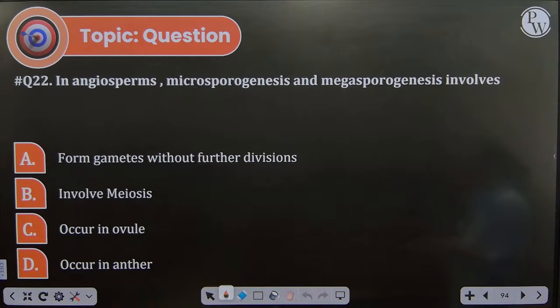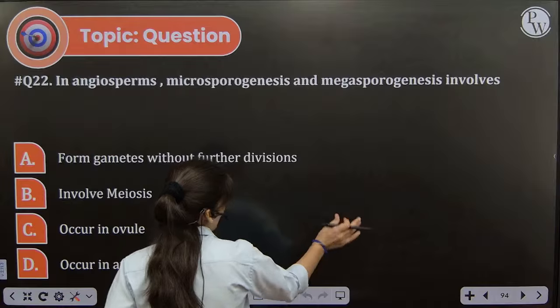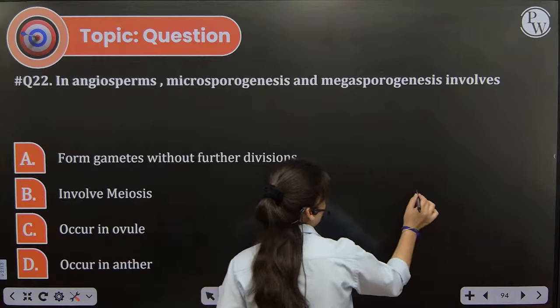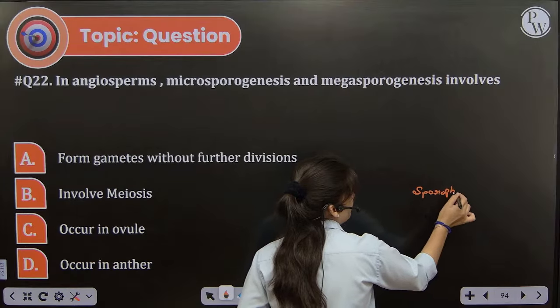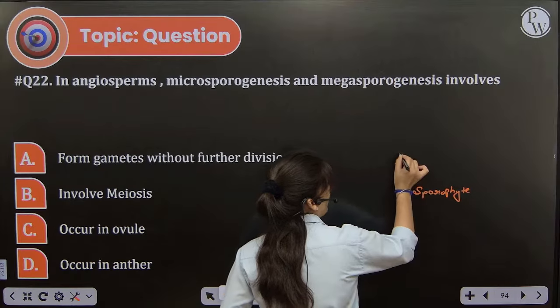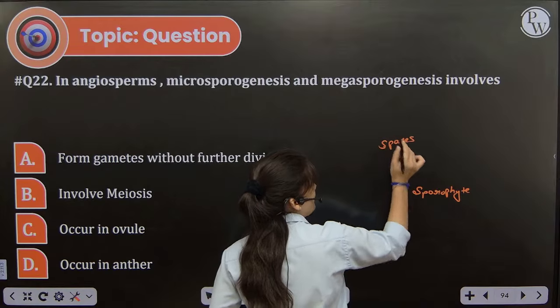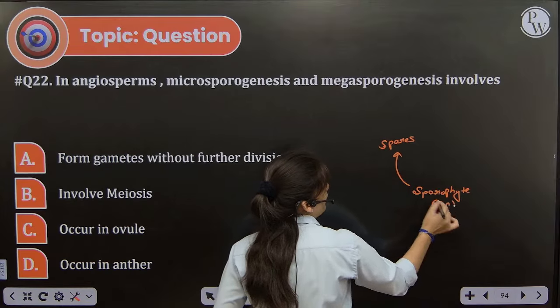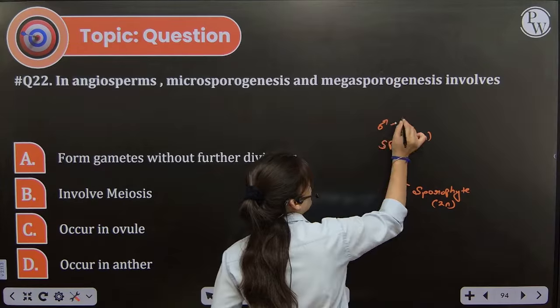In angiosperms, microsporogenesis and megasporogenesis involve what? The sporophyte forms spores. Again the same life cycle, 2n, n. Male spore formation is microsporogenesis.